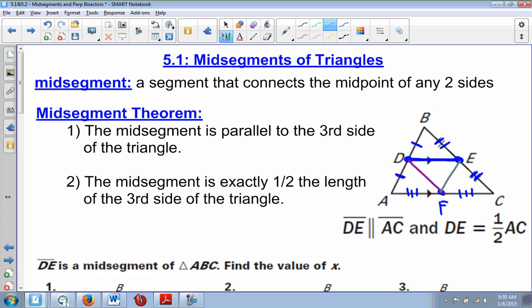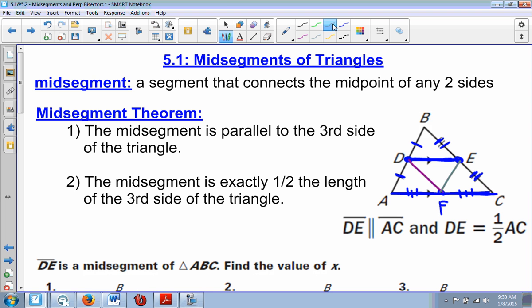Now there are a couple of things that are special about a mid-segment. The first thing is it's always parallel to the side that it's crossed from. So for example, side length AC and mid-segment DE are parallel to each other. If I were to extend them, they would never cross.